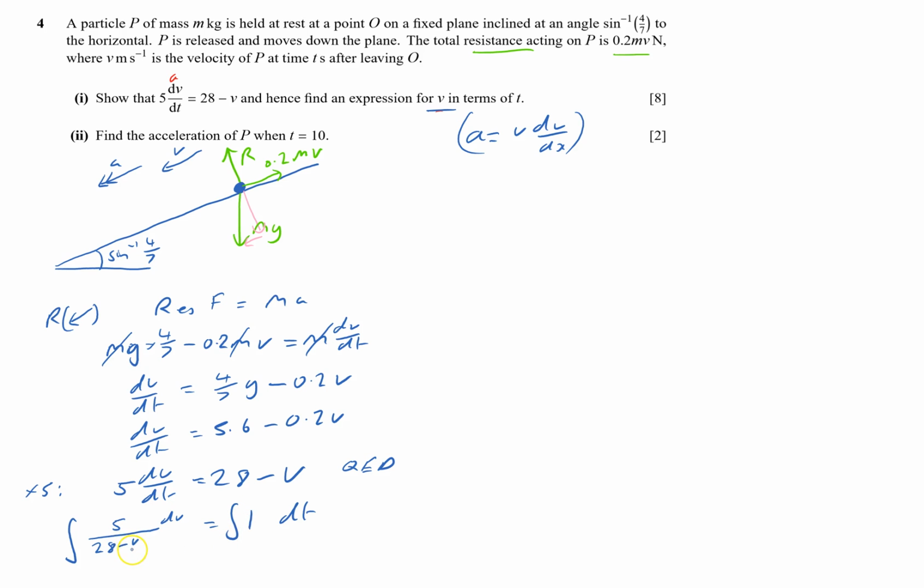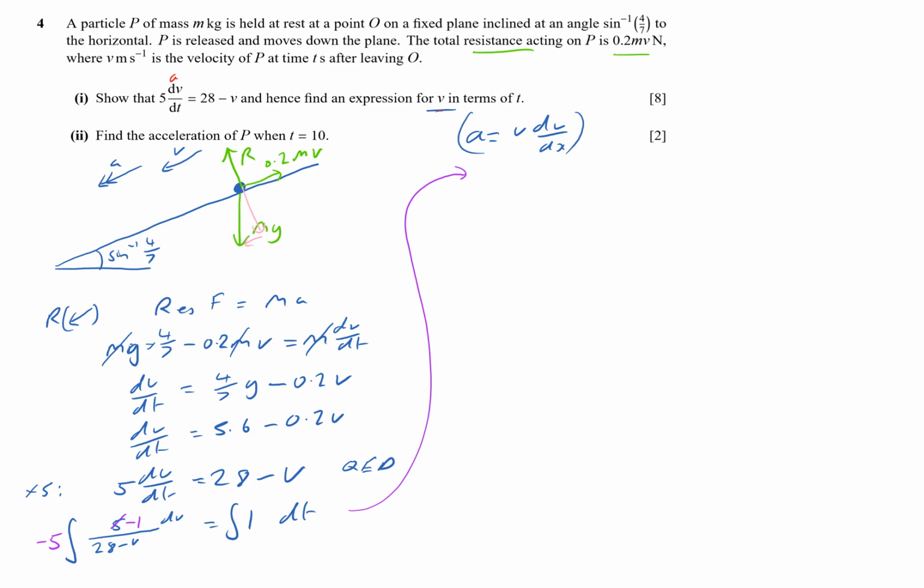This bit's not quite what I wanted, because it's close to being a ln, but I need the top to be -1 if I'm going to make that the case. So I'm going to change that to -1, but therefore I'm going to have -5 lots of them to make sure I end up with the 5 I had initially. So I need -5 lots of that, and that bit comes all the way up here.